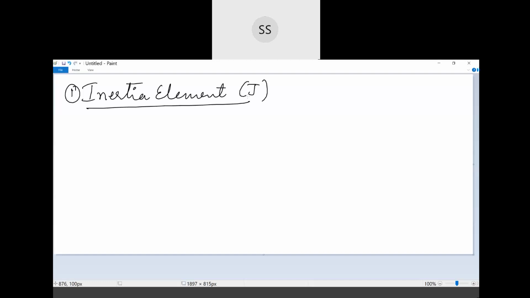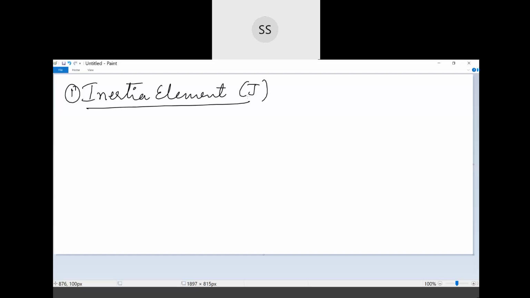Now, when the torque T is applied, this moment of inertia, which is nothing but the property of the system which stores the kinetic energy in rotational systems, is actually analogous to the mass in case of linear motions. This inertia element J can now be modeled like this.